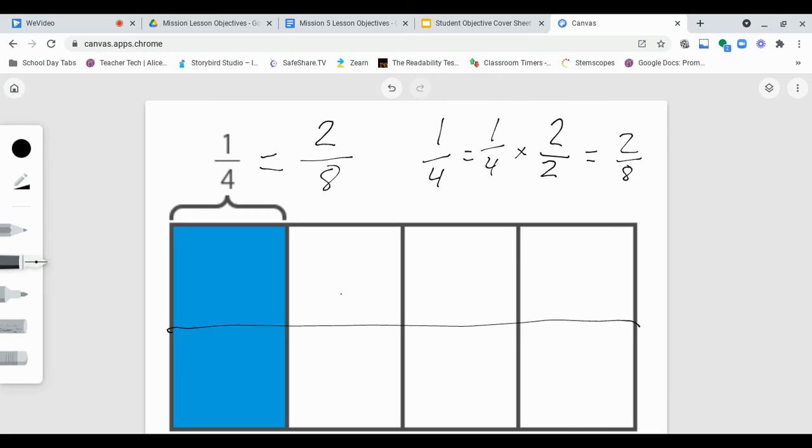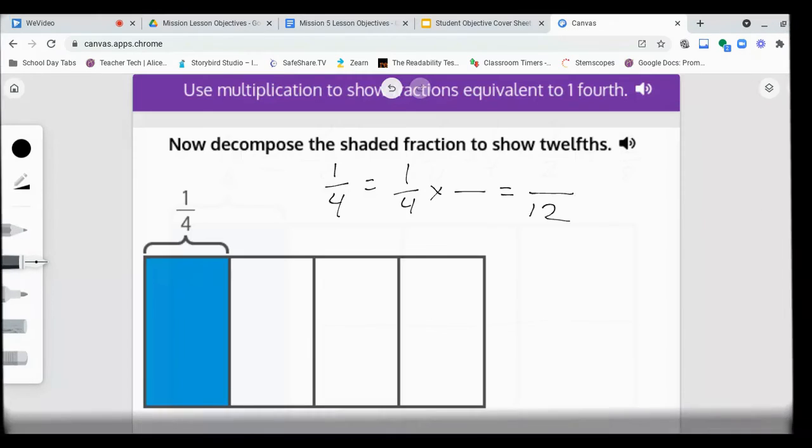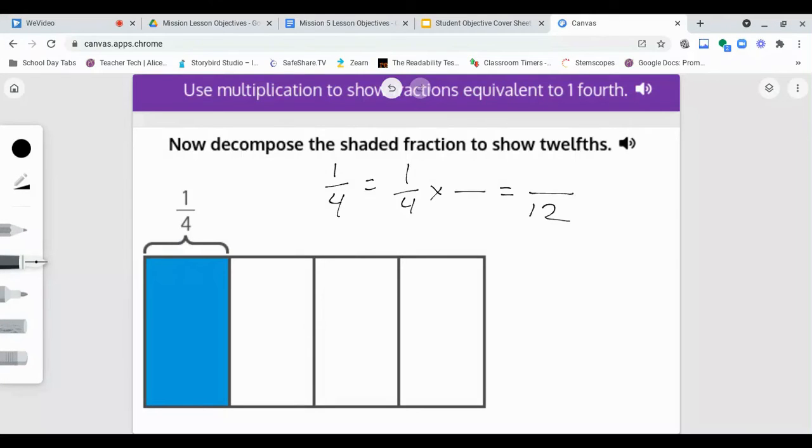Let's take a look at one more. We're going to start with 1/4 again, but now let's break it down into twelfths. And what would that look like? We still have 1/4, but now it's asking us to decompose the shaded fraction to show twelfths. So instead of having 4 total pieces here, I want 12 total pieces, and I want to figure out 1/4 is equal to how many twelfths.